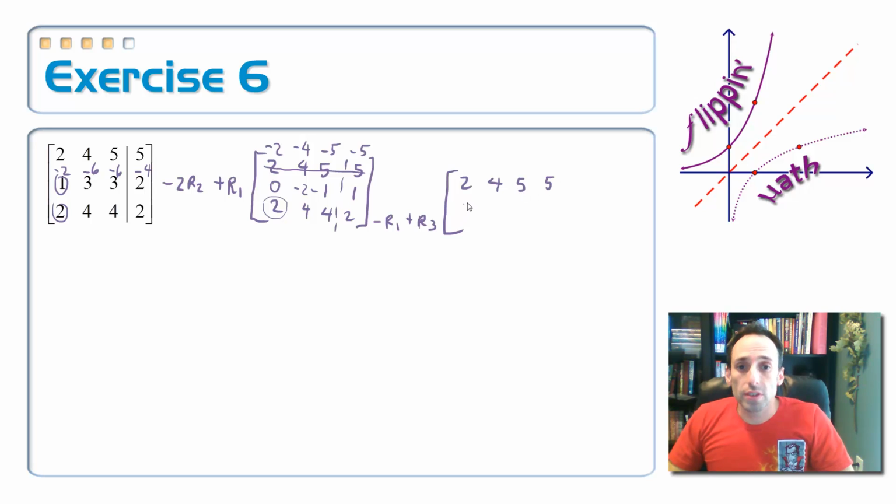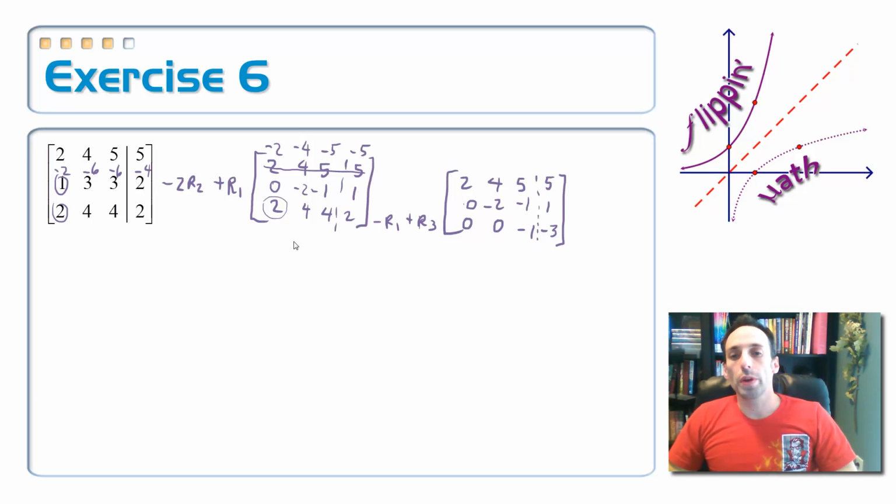The second row stays the same. 0, -2, -1, and 1. And then the new bottom row is going to be 0, -4 plus 4 is another 0. Hey, that is very handy. And 4 plus -5 is a -1. -5 plus 2 is a -3.